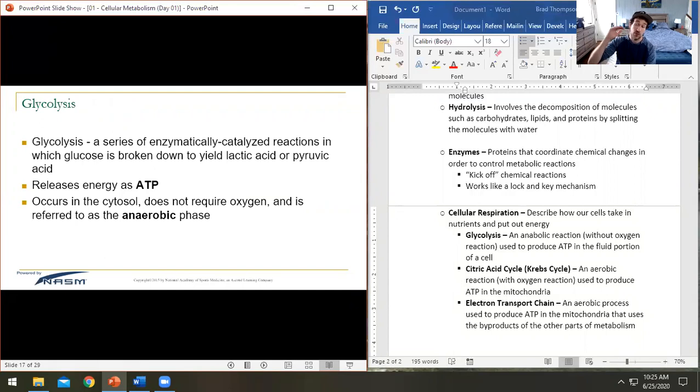We are breaking down through our digestive system individual molecules that can be used as energy. So you get a carbohydrate, which gets converted into glucose. Glucose is going to go through glycolysis and produce 2 molecules of ATP and a whole bunch of lactic acid.